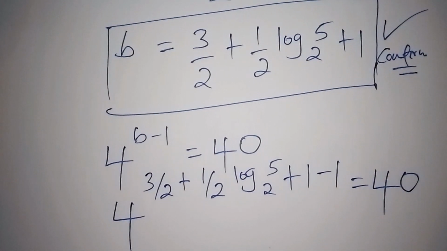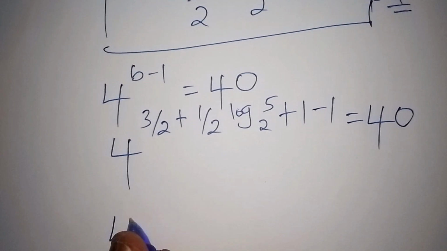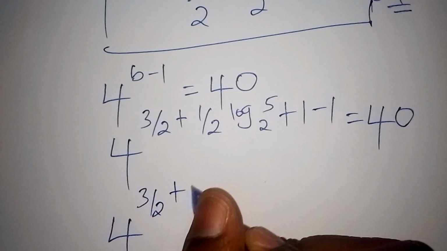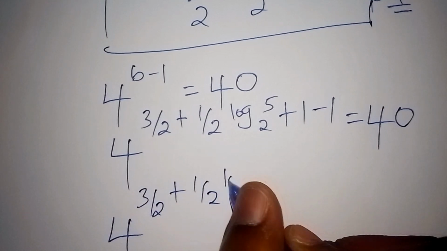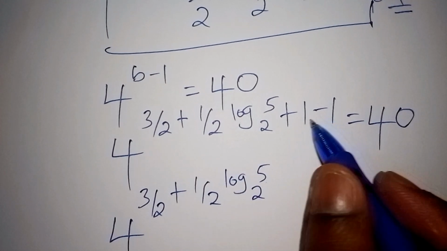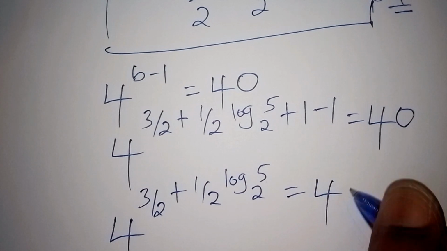So we can still write this maths problem by now saying that here now we shall have 4 to the power of 3 over 2 plus 1 over 2, the log of 5 to the base of 2, then 1 minus 1 is 0, so is equals to 40.